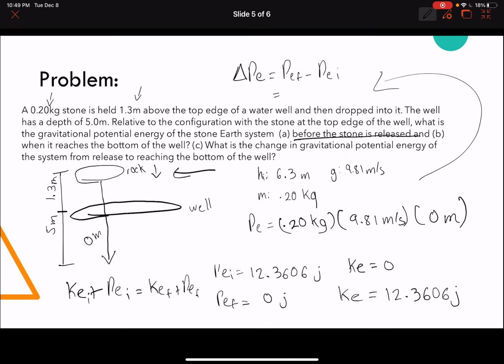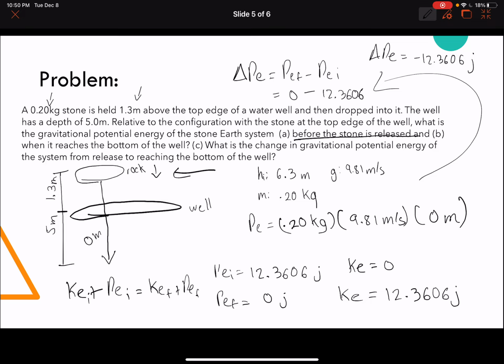Our final is 0 and our initial is 12.3606. So our delta PE is just going to be equal to minus 12.3606, which of course makes sense. We don't want to forget about the units, so joules.